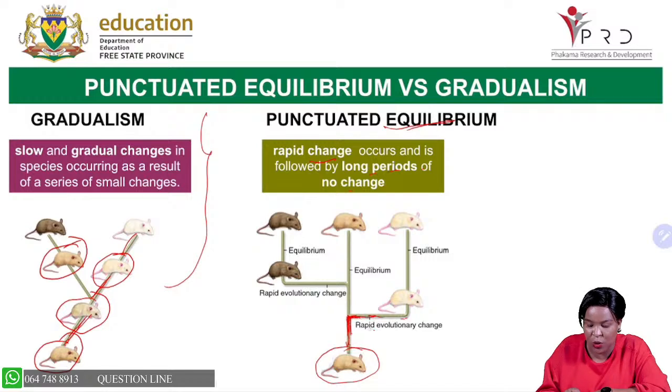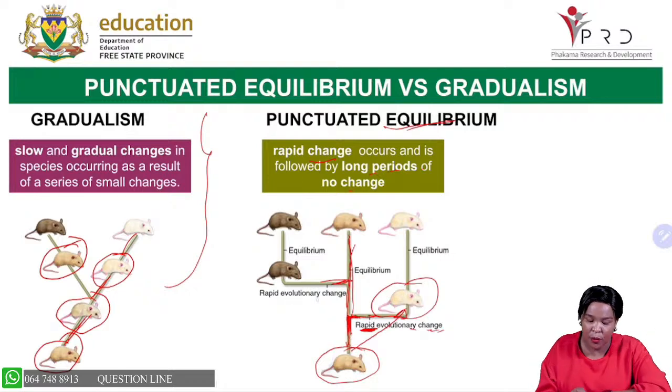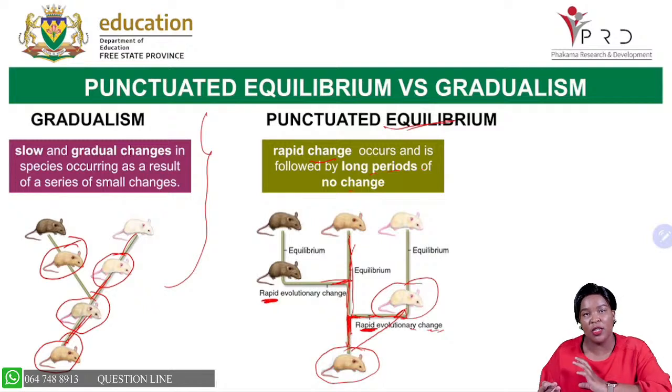It shows this was a rapid evolutionary change, because you did not see this growing gradually from this ancestor species to this species. And so it goes. From here, you see there's equilibrium, no change. And then here, when it turns sharply, that will represent your rapid change. So that is how you identify punctuated equilibrium and gradualism.